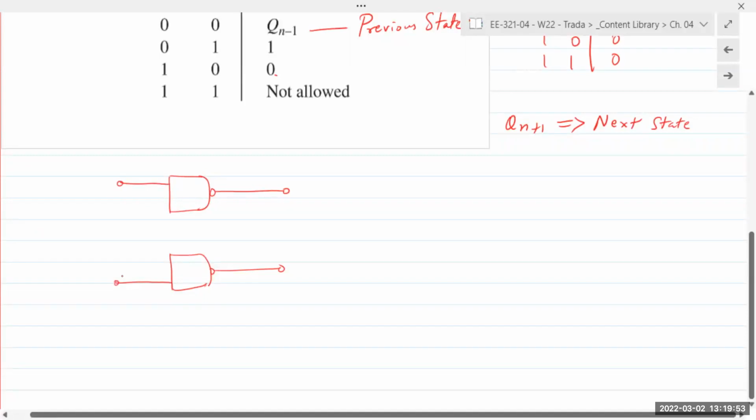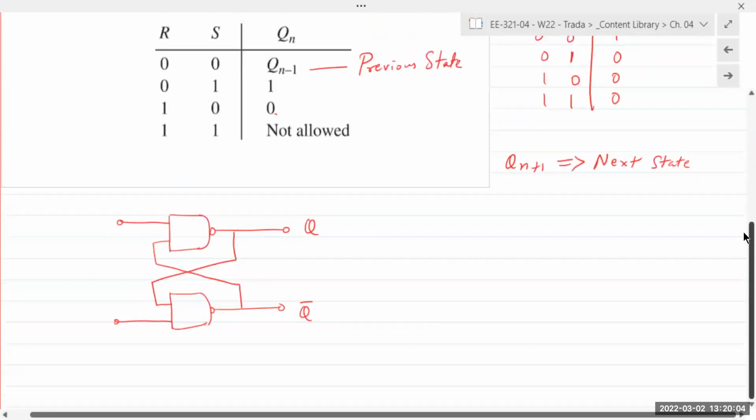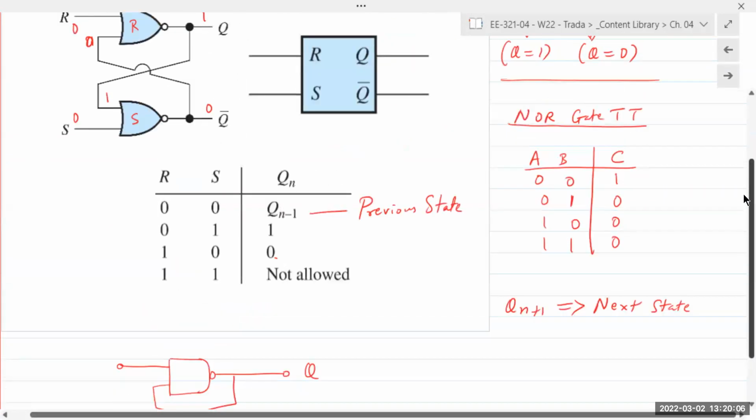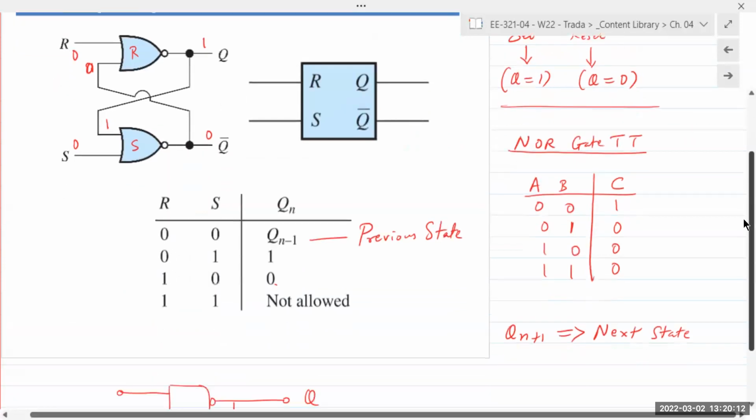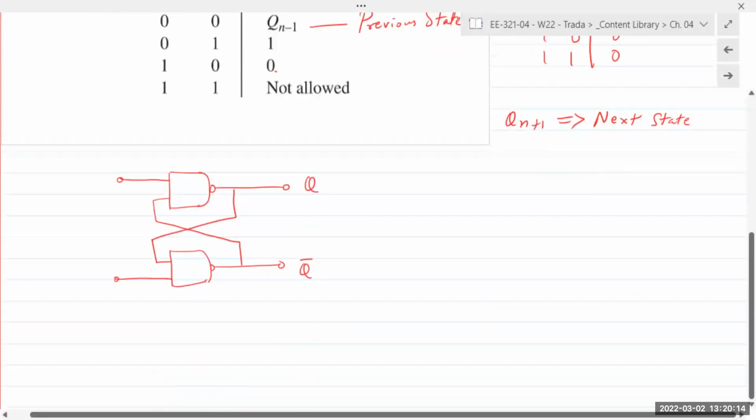The circuit diagram is exactly the same. The only difference is, if you see the NOR gate here, R is connected to the gate that gives you output Q. Here it is S, or reset.